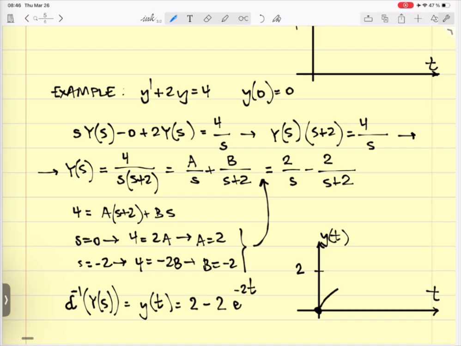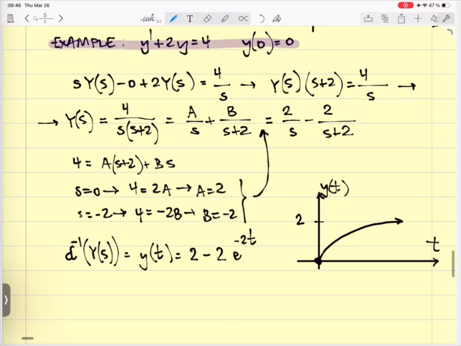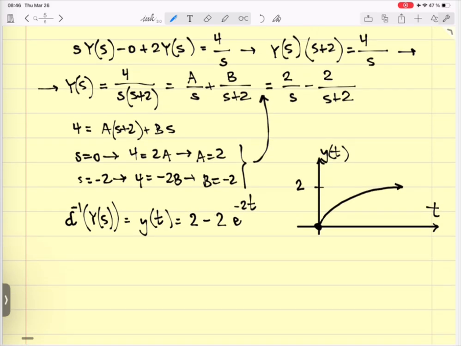So it's going to be something like that. So this could have been solved easily with integrals and stuff, but when things get tough is when we have systems with more than first order. So let's say second order. Second order initial value problem.